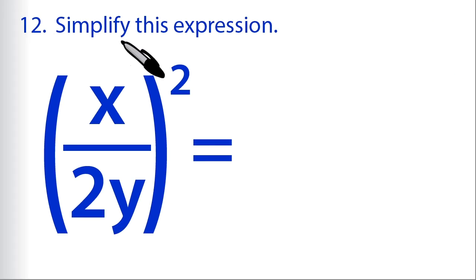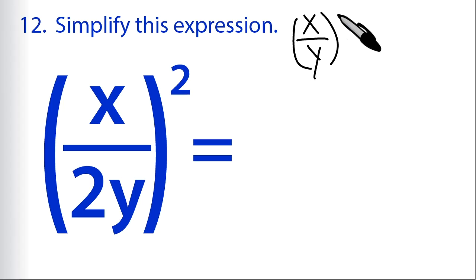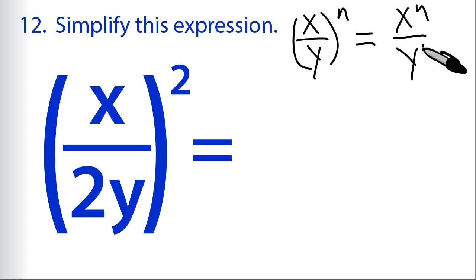For problem 12, we're told to simplify this expression, and we're given x over 2y, and that's all in parentheses, and that whole thing is squared. And just like before, where we could distribute an exponent to two variables or numbers being multiplied together, we can also distribute that to a fraction. And our law that showed that was x over y, that whole group to the n, equals x to the n over y to the n. And so we just distribute this power of 2 to the x and the 2y.